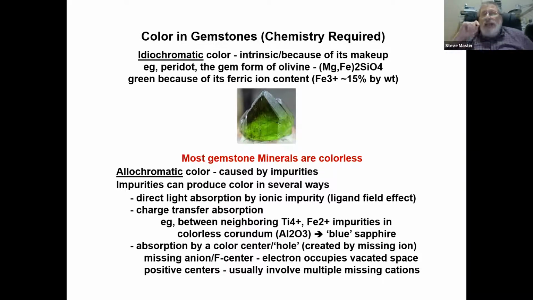And an electron is still there and occupies the vacated space, and it can absorb the light because it's surrounded by a bunch of other atoms, and you have sort of a mini field effect, a very strange one. All right, positive centers can do it too, but they're very complicated. I won't even try to explain those because I don't really understand them that well.